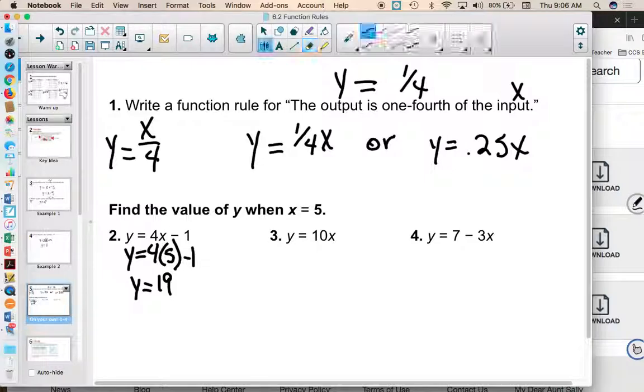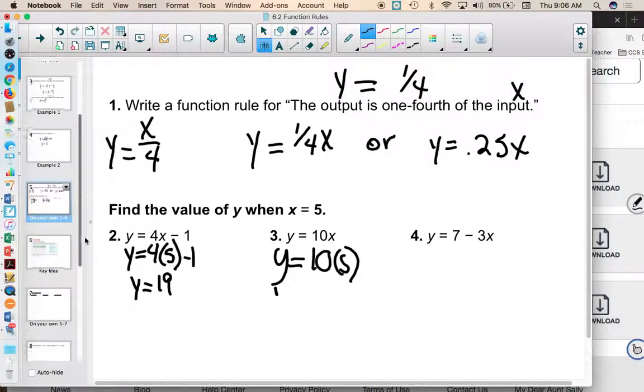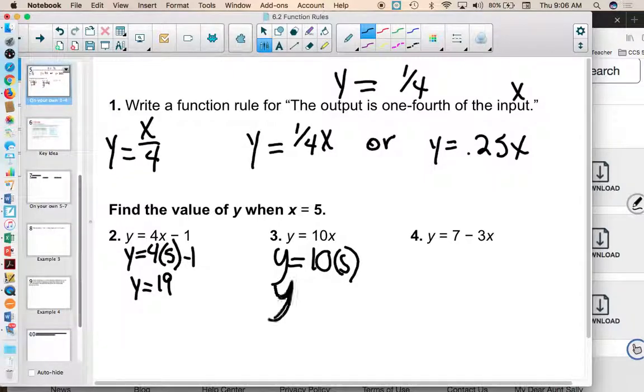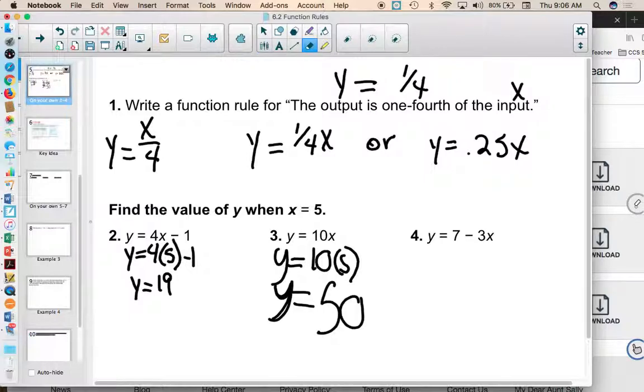Y equals 10x. Okay, everybody agree with G? Who's number 6? Cody, he's not here. Number 9?